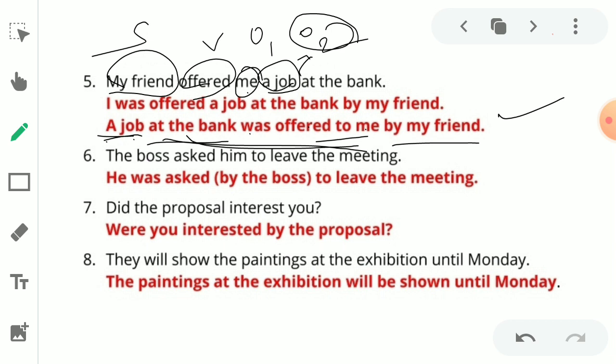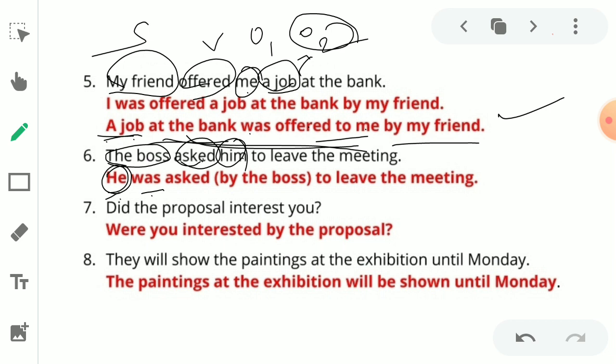Next, the boss asked him to leave the meeting. Here, the boss is the subject, asked is the verb, him is the object. You take the object of active voice first in passive. He was, because of the tense form, asked.